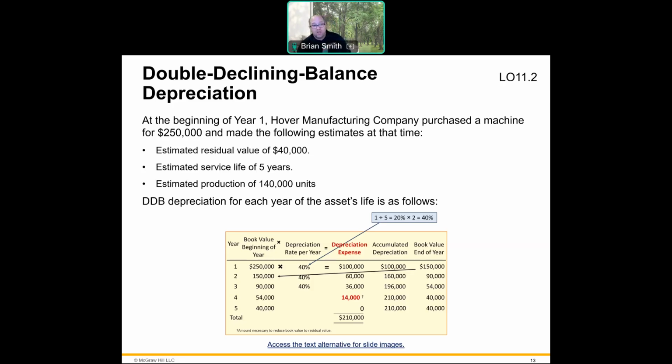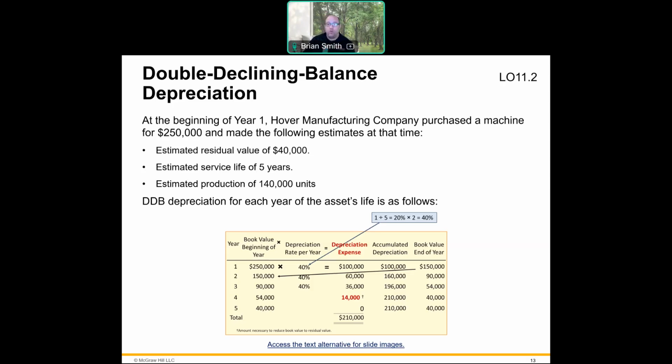And so on until year 4, when we realize we can't depreciate at 40% because that would make us go below $40,000. So we can only depreciate that $14,000. In year 5, we don't get to take any depreciation expense because we're already fully depreciated. But once again, looking at the 2 different depreciation methods that we've seen so far, we have the same number there at $210,000.